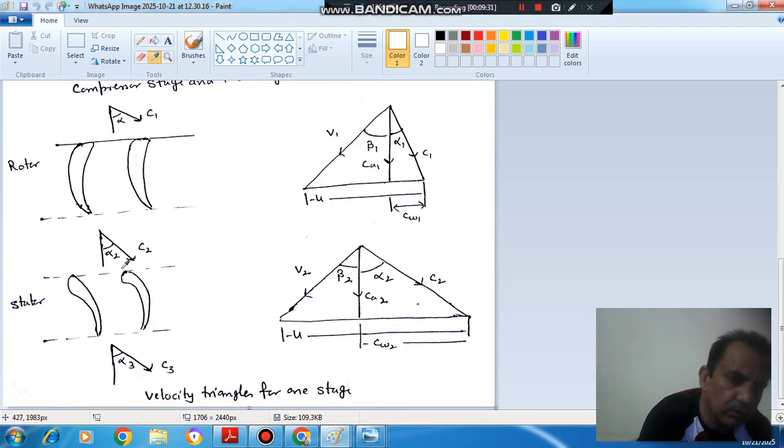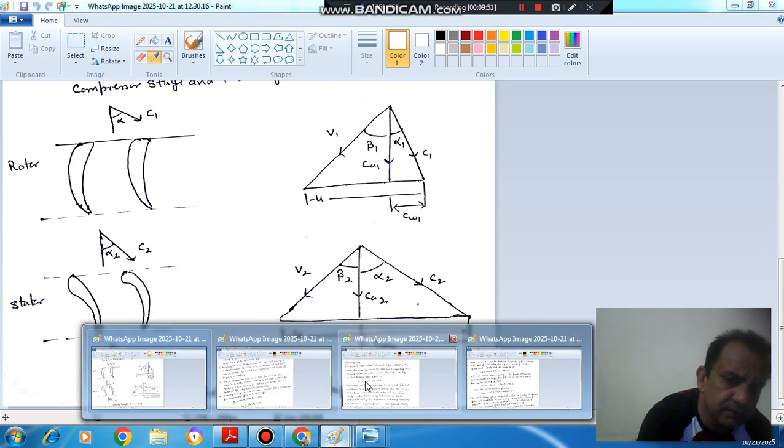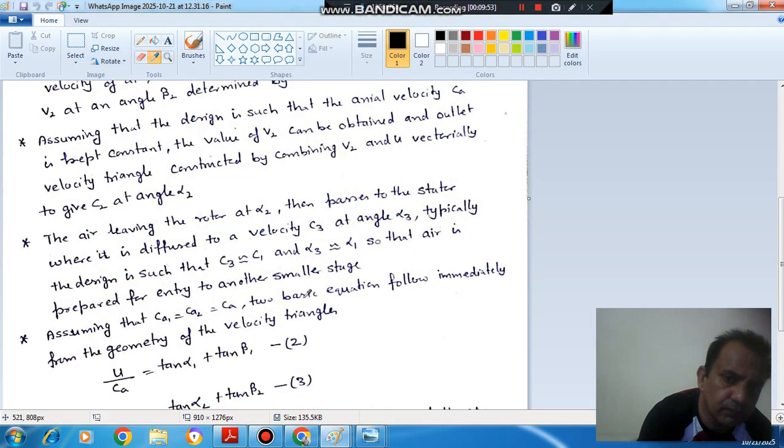Okay. Now after knowing C2, this air enters the stator, and we know this alpha 2, and it leaves the stator at a velocity C3 which is less than C2 and at an angle alpha 3 which is the same as this. Okay. So C1 is equal to C3 and alpha 3 is equal to alpha 1.